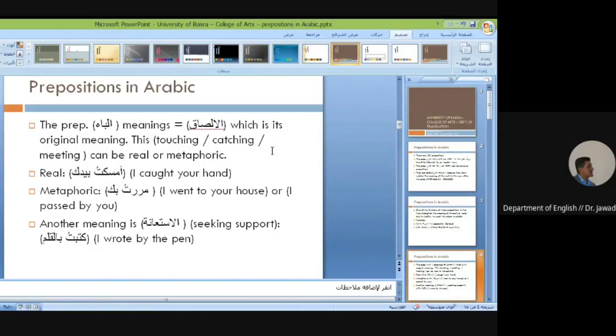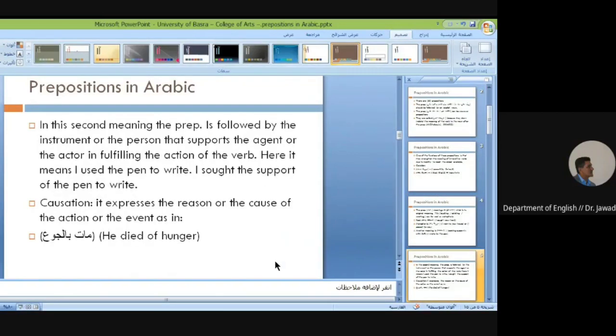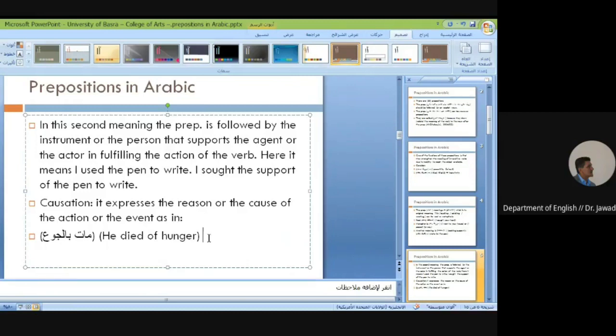So let us move. We are going to discuss this example on the next slide. So here in this second meaning, which is al-isti'ana, the preposition al-ba is followed by the instrument or the person that supports the agent or the actor. يعني اللي يساعد الفاعل على القيام بالحدث in fulfilling the action of the verb.